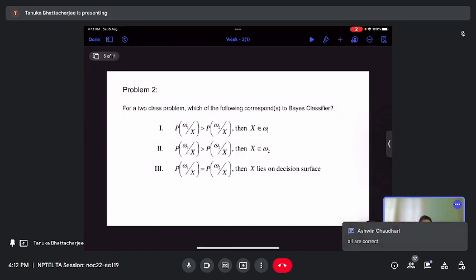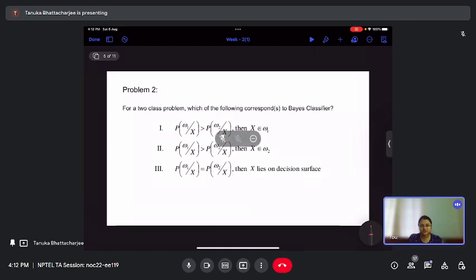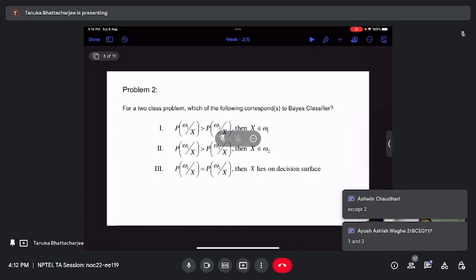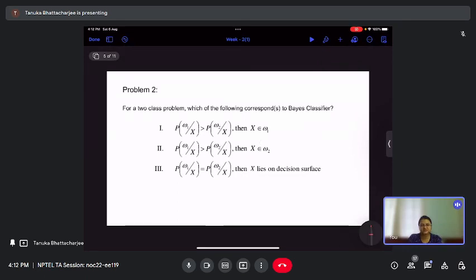Ashwin is saying all are correct. Ashwin, if you see the options, except 2, 1 and 3, right. Ayush is also correct. 1 and 3 both are correct for Bayes classifier.